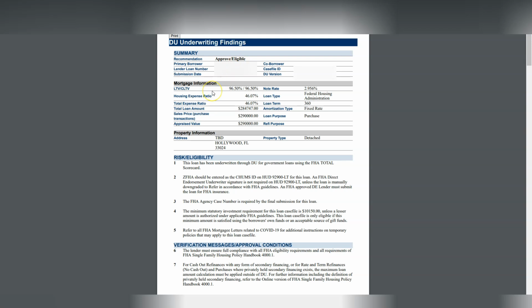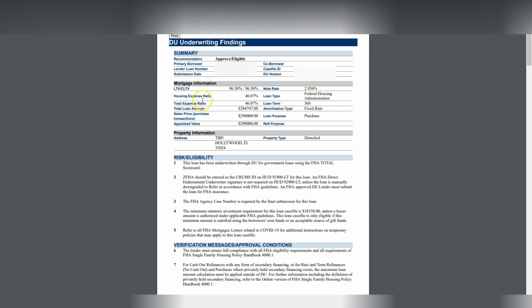Now, under mortgage information, let's get down to the numbers. The loan to value or combined loan to value is 96.5% and 96.5%. So there's a good chance this is an FHA loan. And if we go over on the right, we see the loan type. It says Federal Housing Administration, which is the spelled out wording for FHA.